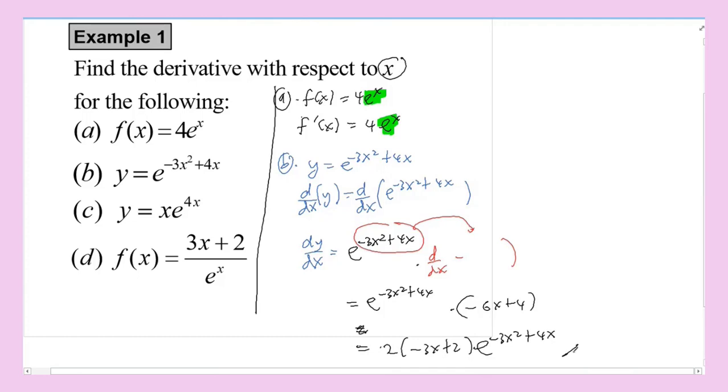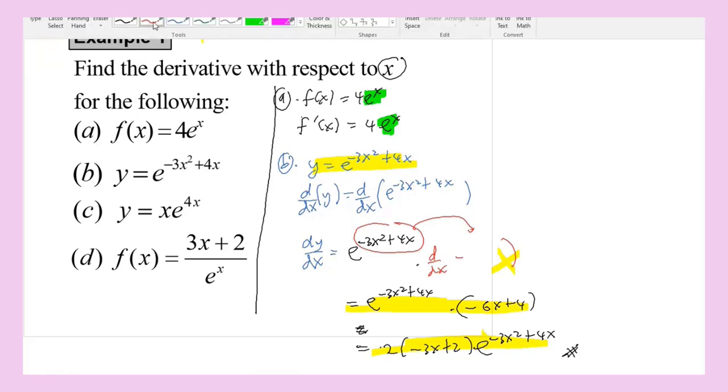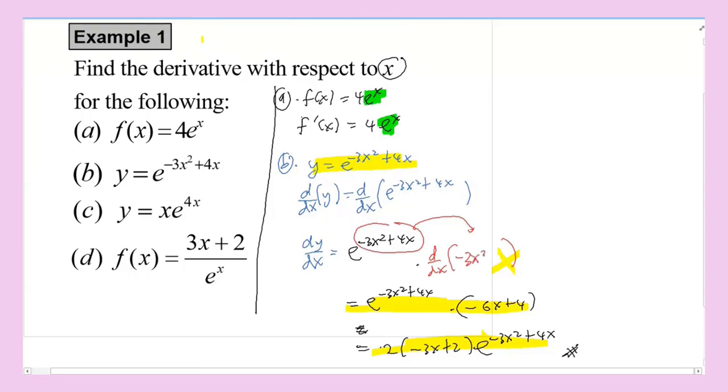So this is the answer for B. Kalau you skip, dia punya working tak payah lagi. Here differentiate ni terus dy dx boleh buat direct. Ni tak payah buat pun tak apa. So settle for B.